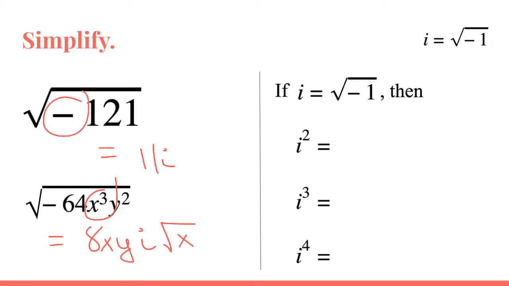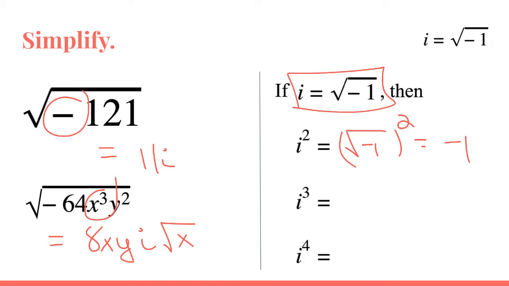Now on the right side of the screen we see that if i is the square root of negative 1, what would we get if we squared that? If you square a square root, you get the radicand, so negative 1. So in our world where i is the square root of negative 1, i squared is going to be negative 1 always.